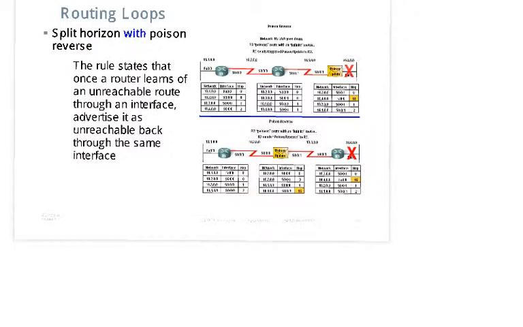Otherwise, it will update this as 16 and send back a poison update response. That's why we call it poison reverse. Poison reverse means that the only thing you send in the reverse direction is the poison update. Other than that, you follow the split horizon rule in normal operation.